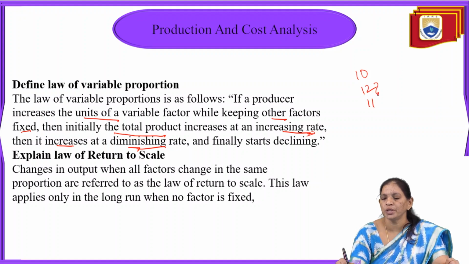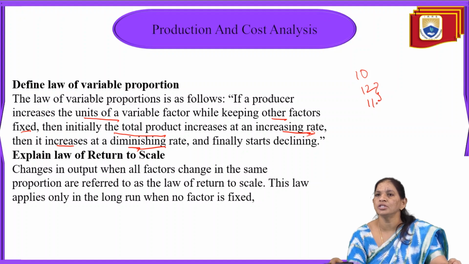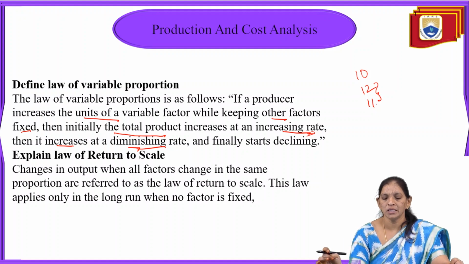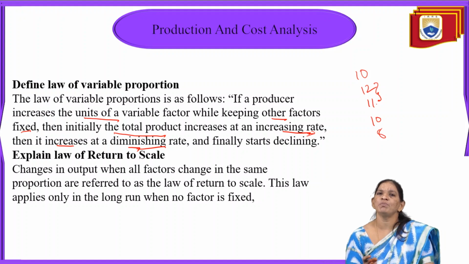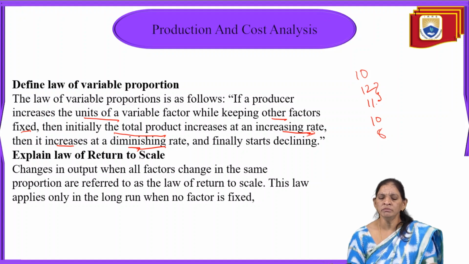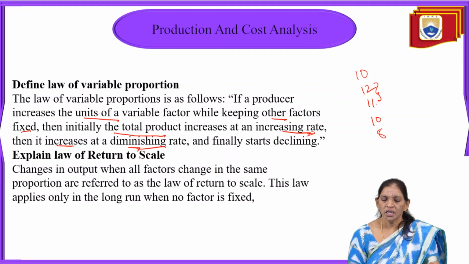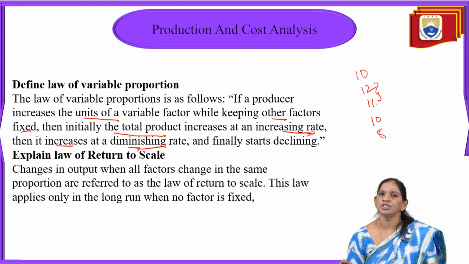That is increased production but at a decreasing rate, and finally it starts declining: 10, 8, and so on. So the law of variable proportion says that if one factor is variable and all other factors are fixed, at first total production increases at an increasing rate, at the second stage it increases at a diminishing rate, and at the third stage it starts declining.